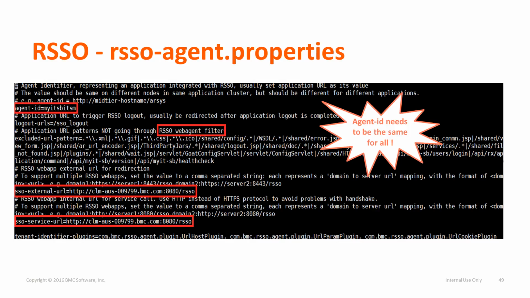And I've also highlighted the RSSO web filter. So this is what's really catching the URL and telling it to, at this point, redirect to the RSSO login page. You can see I've highlighted it here: SSO external as well as the SSO service URL.